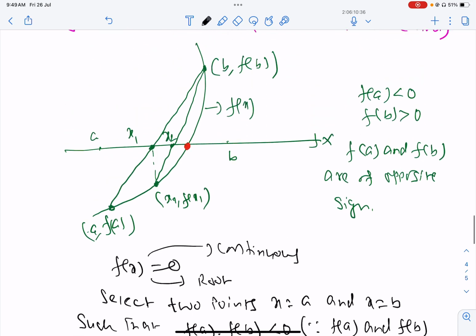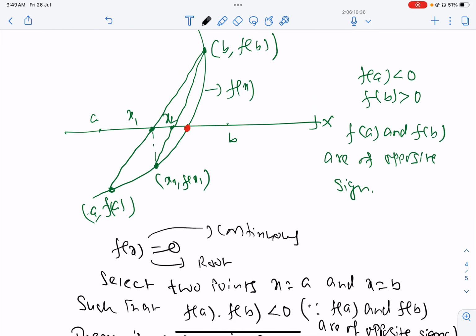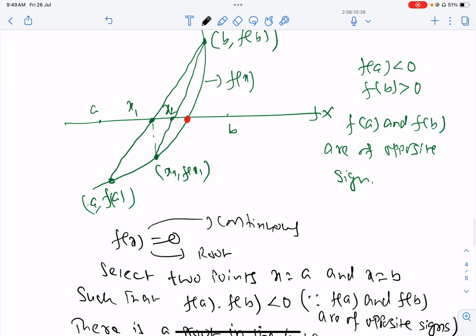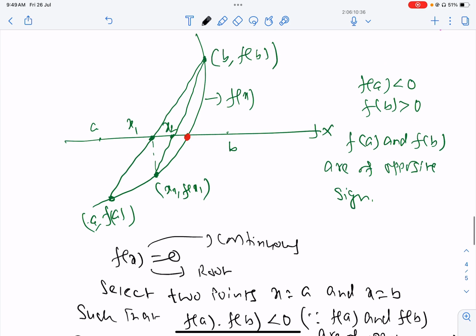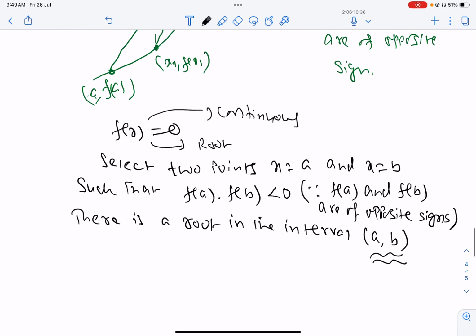Now it's a very simple theory, even a 12th standard concept: a line passing through two points, where it intersects the x-axis, and we can easily get the formula.